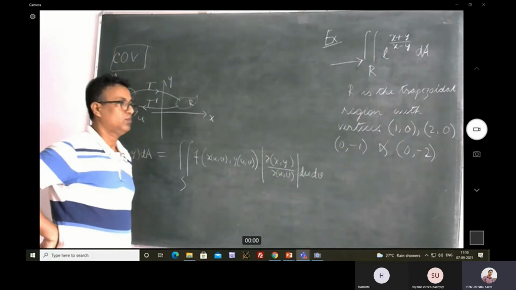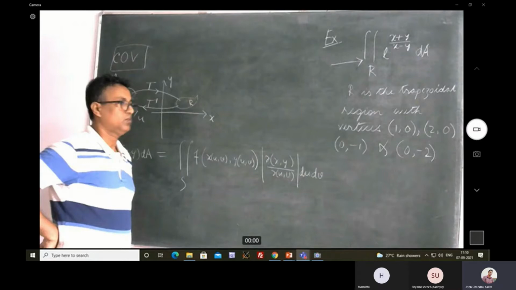Now, one thing you have to remember: what is given is in the XY plane, so I have to search for how this region would look in the UV plane, because eventually we are going to perform integration in the UV plane.